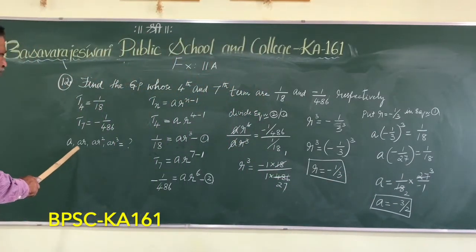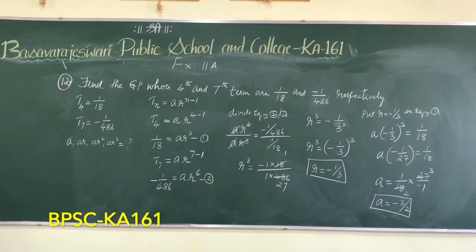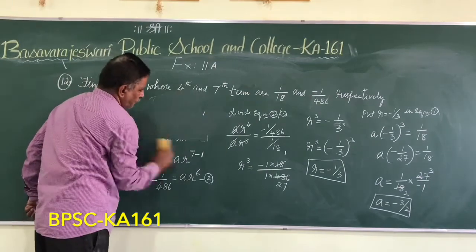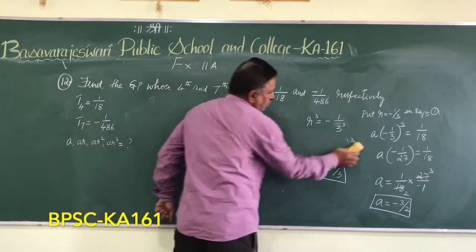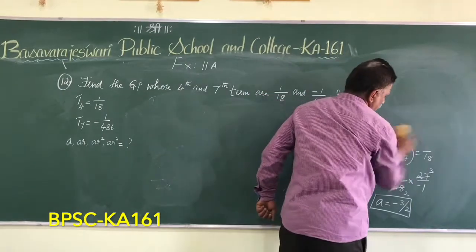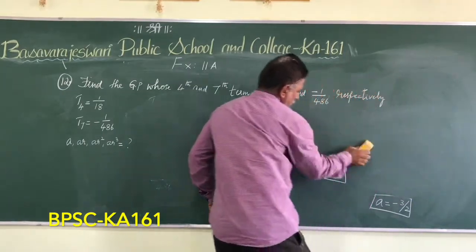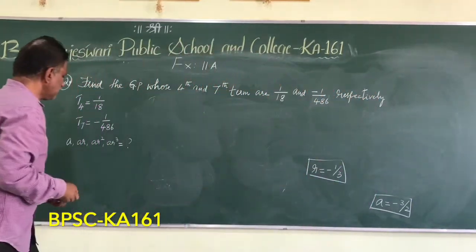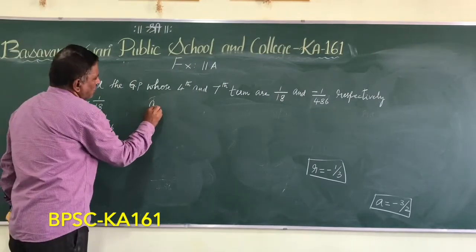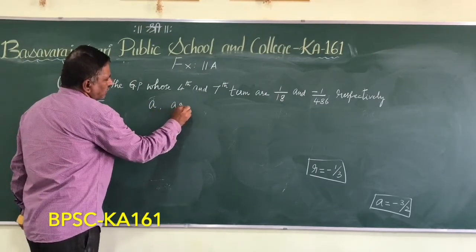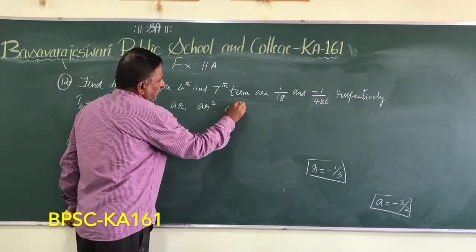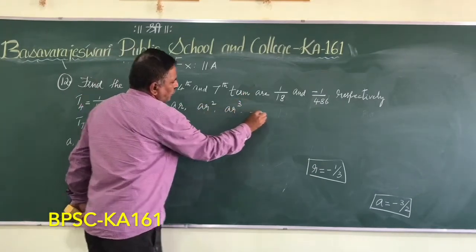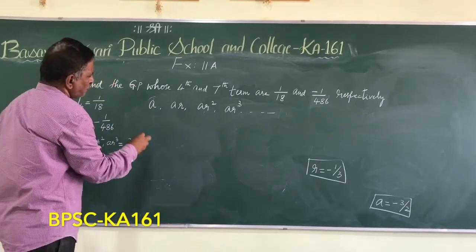Now I have to find out the sequence. Now, what is the sequence? A into R, AR square, AR cube. You have to find out at least 4 terms. What is A?